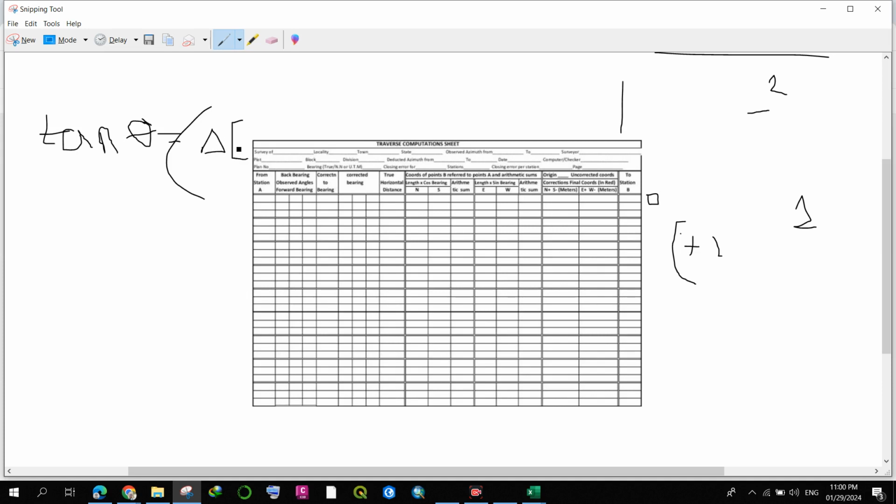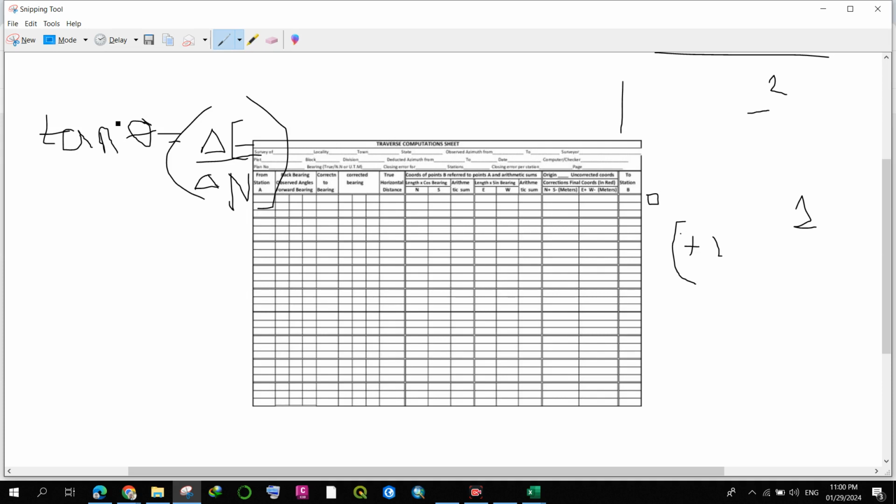Don't be surprised. Just remember that your E comes before your N. There are some people that put north up and then east below. Don't be confused, don't be like that, please. Easting with respect to northing. You have this formula in your book. Don't worry.